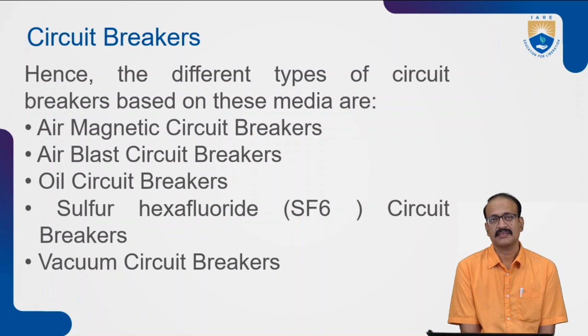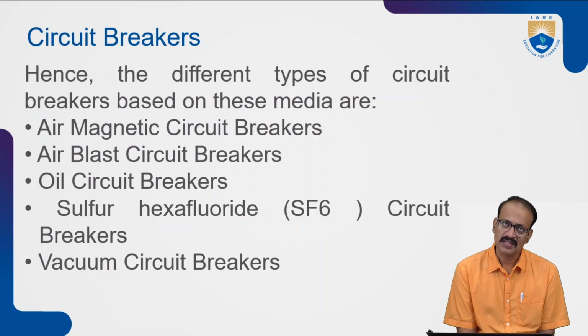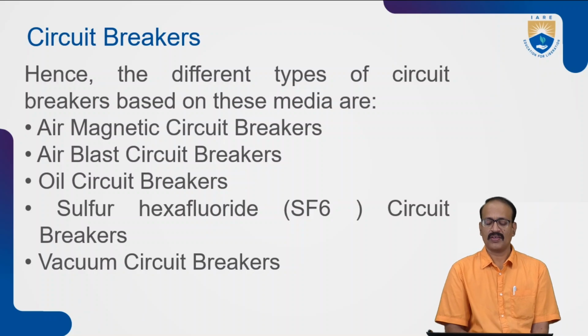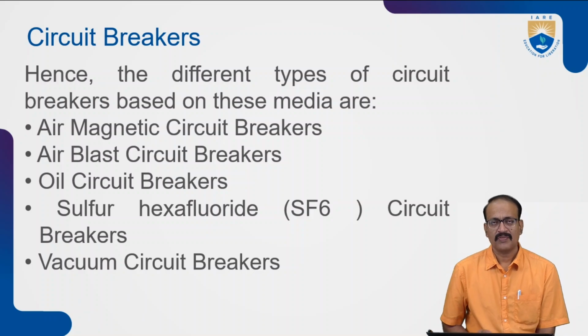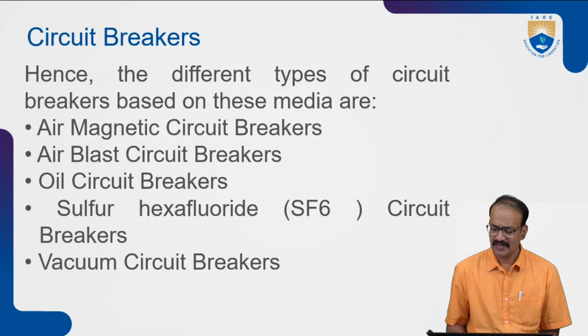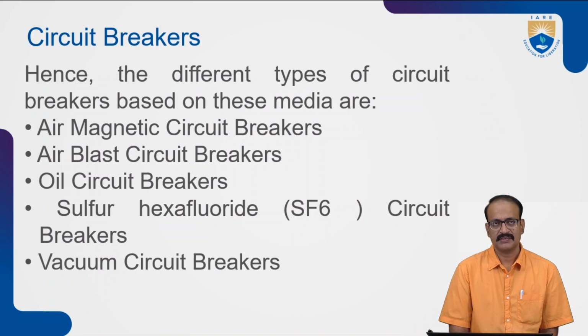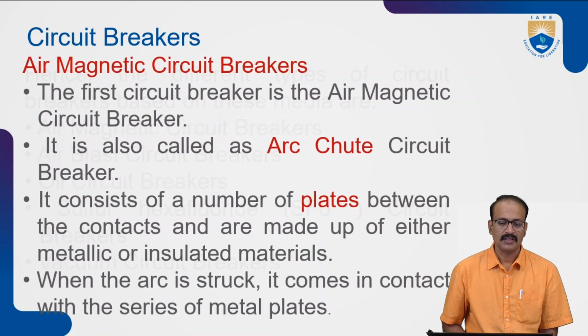In the air blast, we make the air move very fast, like a blast, so it is called air blast. Then there is oil, which also has different types. In sulfur hexafluoride, the chemical compound, we use the gas as the medium, and then vacuum. Today we'll mainly focus on the air magnetic, air blast, and oil circuit breakers.